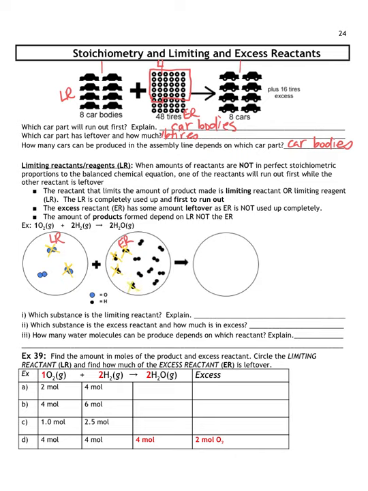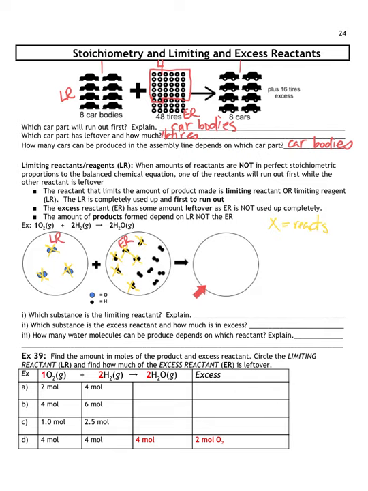So 1 to 2 ratio constantly. I'm going to cross out, and all that's crossed out is what reacts. And so what's left over is the hydrogen. You can see the excess that's left over. There are 6 molecules of hydrogen left over.